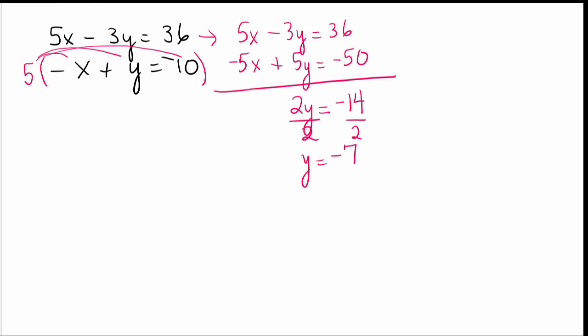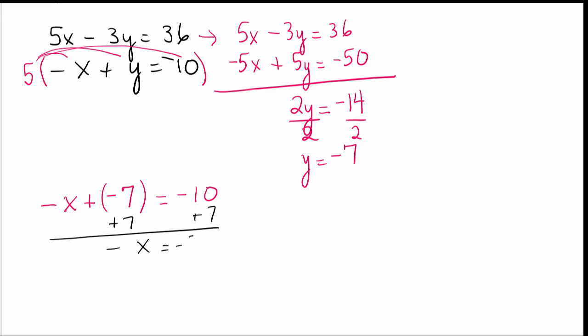I'm going to use that bottom equation. So negative x plus negative 7. See how I substituted in negative 7 for y? Equals negative 10. And then I'll go ahead here and add 7 to both sides. So negative x equals negative 3, and then divide by negative 1. And we're getting x equals 3. And so we are getting that our solution is (3, negative 7).